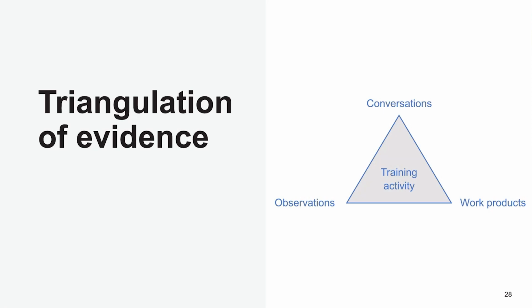And the different sources that that evidence can come from is illustrated there. So 3 different sources, so conversation type, work products, and observation. It doesn't mean that you'll just have 3 pieces of evidence, but rather you're generating evidence from at least 3 different sources. So you might have multiple pieces of evidence for a training activity.